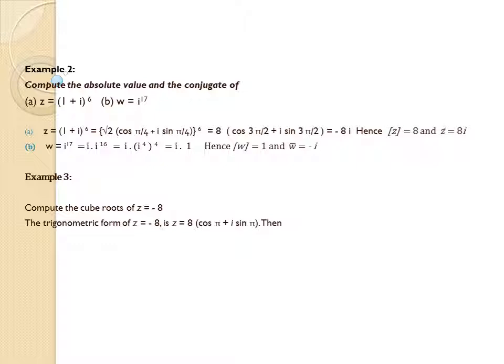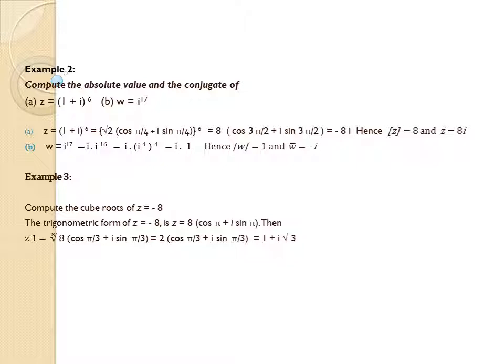Then the first root is cube root of 8 (cos pi by 3 plus i sin pi by 3). It means 2 (cos pi by 3 plus i sin pi by 3), since cube root of 8 means 2.